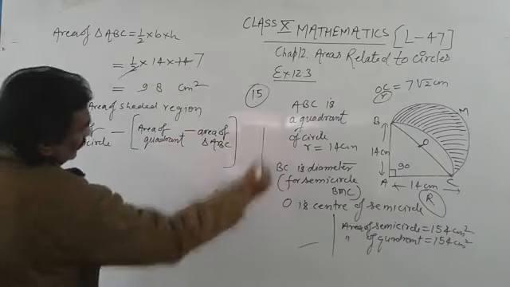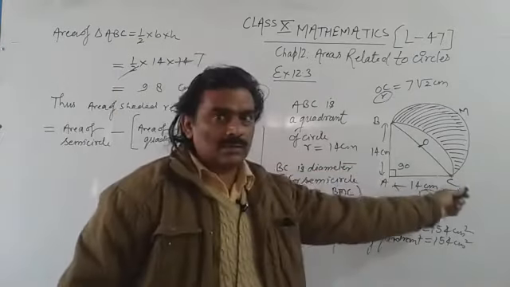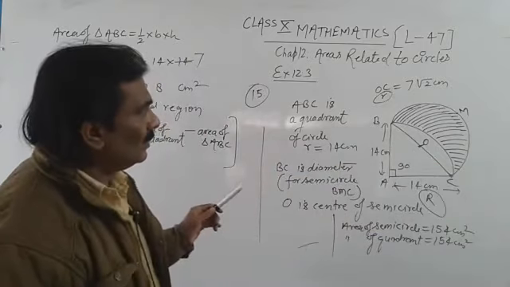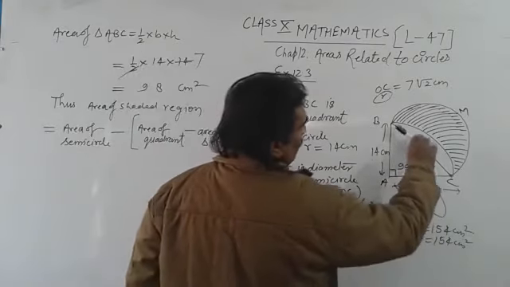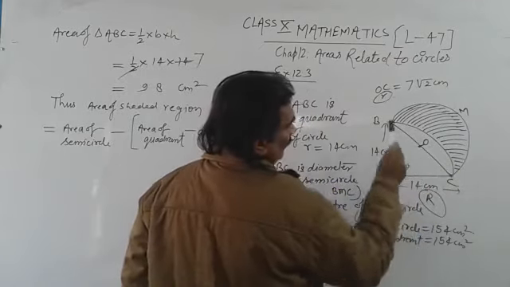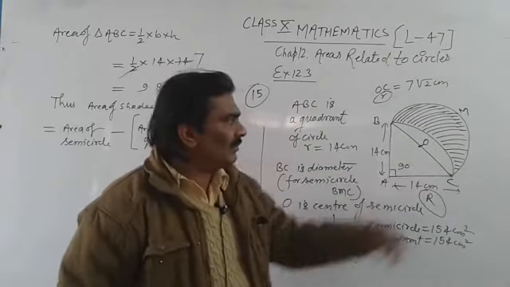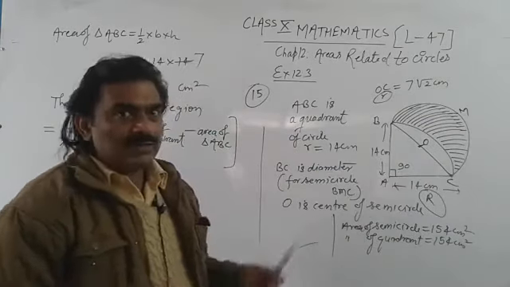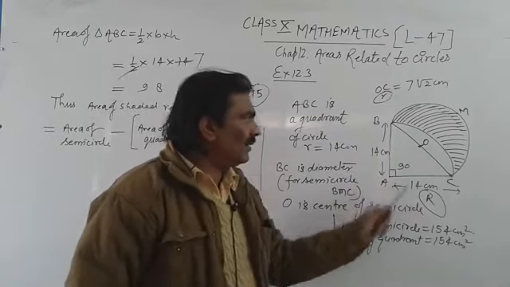So think about this formula, students. We have to find the area of this region. So we should have a semicircle, and from this semicircle we should subtract the area of this portion, and to find the area of this portion, it means a segment, we should subtract the area of the triangle from the area of the quadrant.